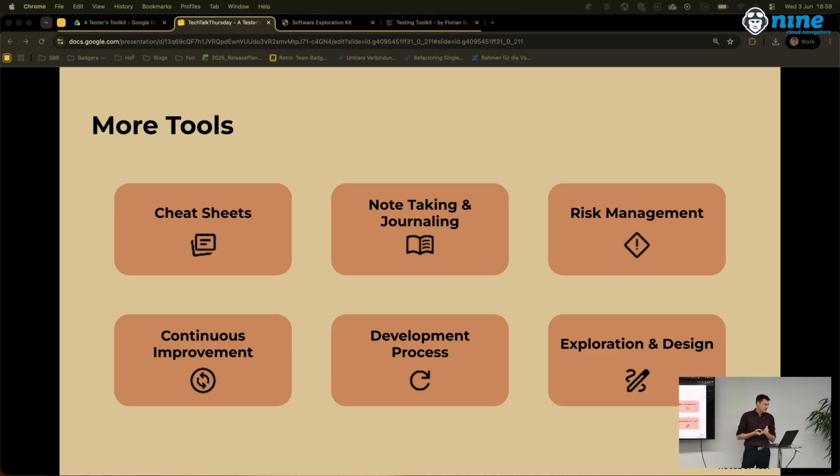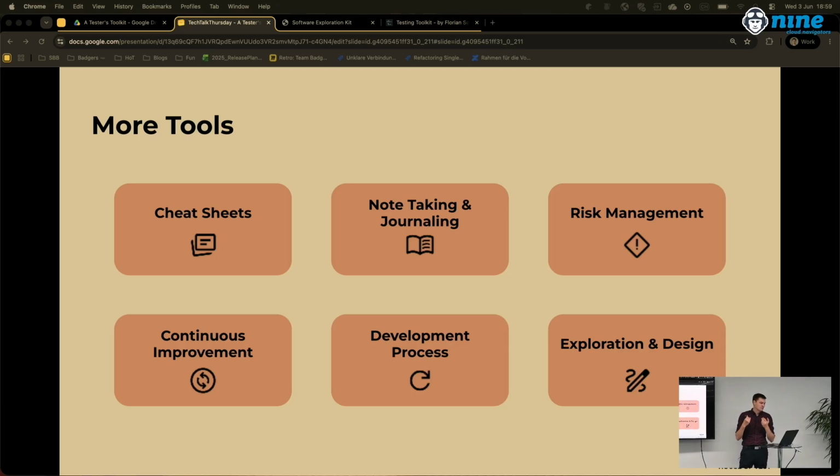Also risk management, thinking about risk, discovering risk, and deciding how to mitigate them. Continuous improvement, how to improve the development process, how to make it more efficient, faster, or to collaborate more, to have more different perspectives, how to speed up feedback loops.